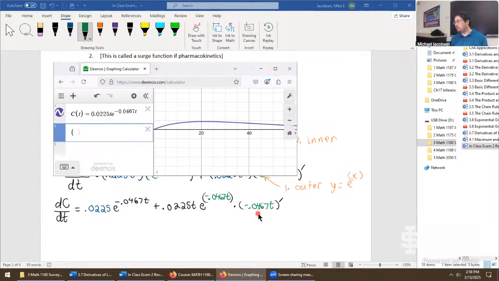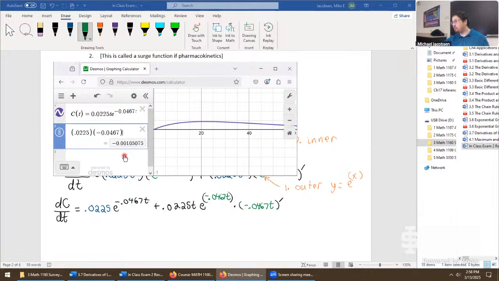So from here, actually, I think it's easier to view if we go left or right. 0.0225 times, result from this derivative is negative 0.0467. Let me double check my numbers. Okay, so we get this number, really small negative, and it's going to go right in front right here.